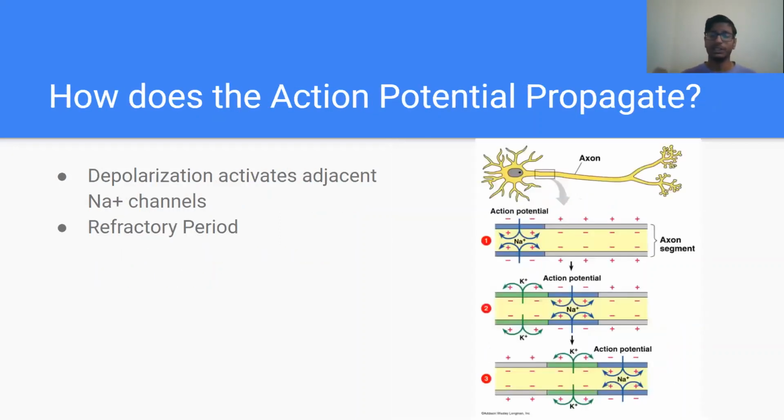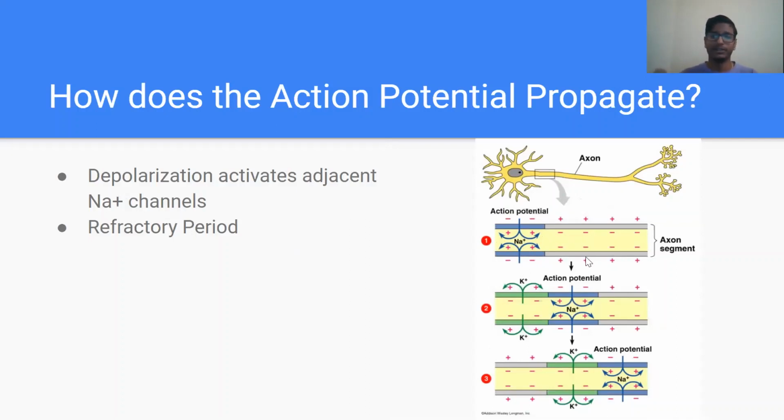So during the depolarization, like I said, sodium channels are activated and sodium enters the axon as shown here in 1. And then that depolarization activates the nearby sodium channels. And so this sodium influx that made this area positive is now going to activate the sodium channels in this adjacent area.